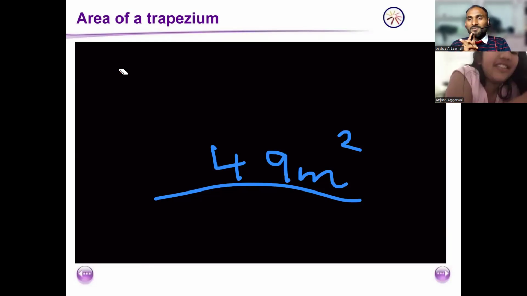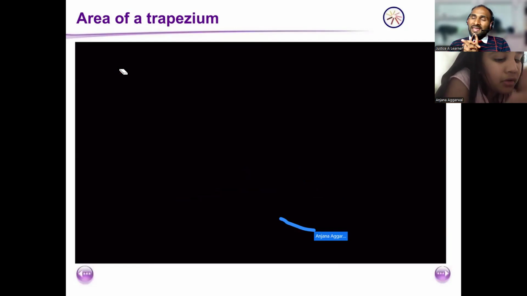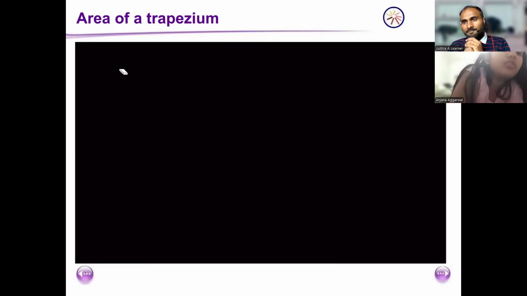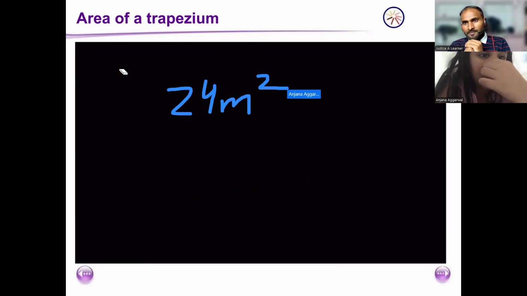Okay. One more question. There is a right angle triangle that has a base value of 8. Do it mentally, okay? Base value 8 and the height is 4. Okay, meter.